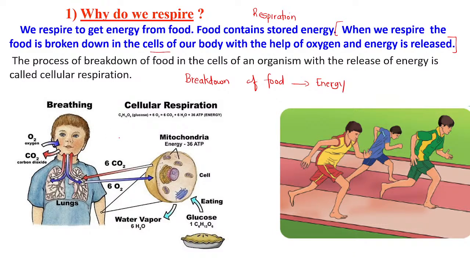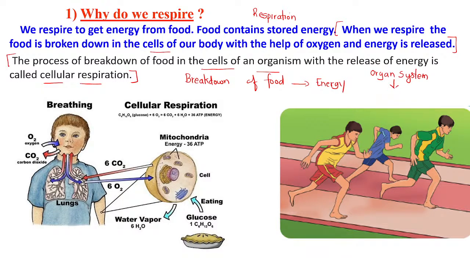Now, the process of breakdown of food in the cell of an organism to release energy is termed as cellular respiration. Let us see what this cellular respiration is in detail. The human body is made up of various organ systems, for example, digestive system, respiratory system, excretory system, circulatory system, skeletal system.